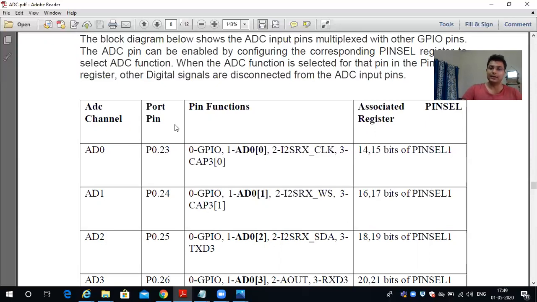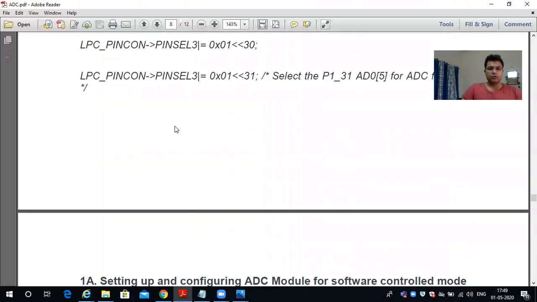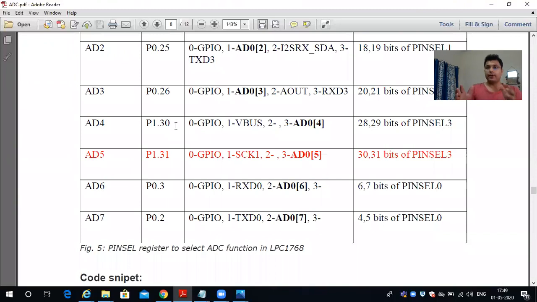In the PCLK selection register for selecting the peripheral clock, we require 2 bits for each and every peripheral, because there are 4 possibilities. So that is all about the background which you need for understanding the ADC working.